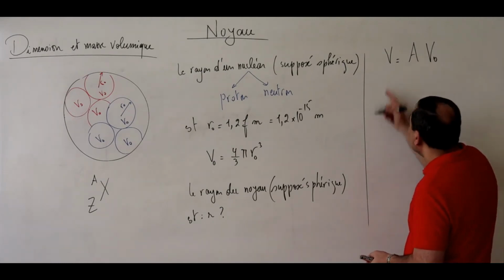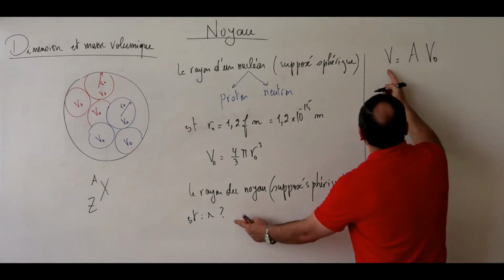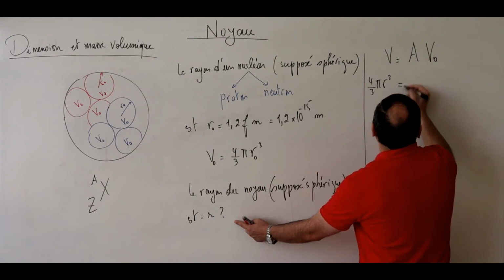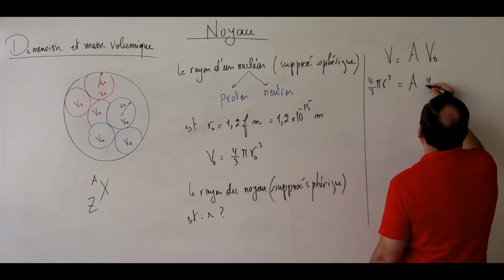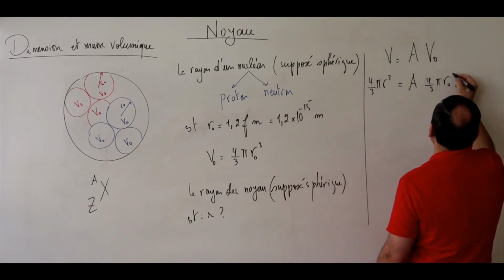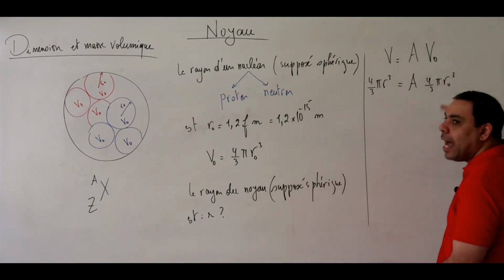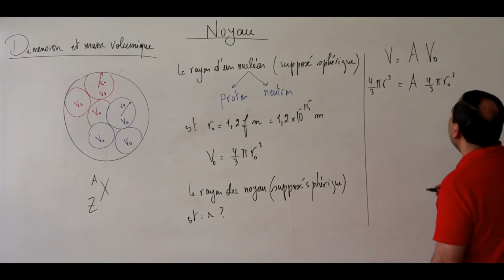The volume of a sphere of radius r, or of the nucleus of radius r, is 4/3 pi r cubed. This is equal to A multiplied by 4 over 3 pi R0 cubed. R0 and V0 are associated to one nucleon.